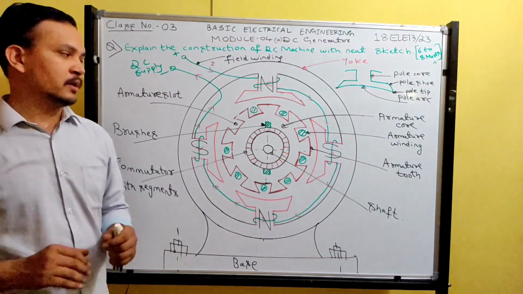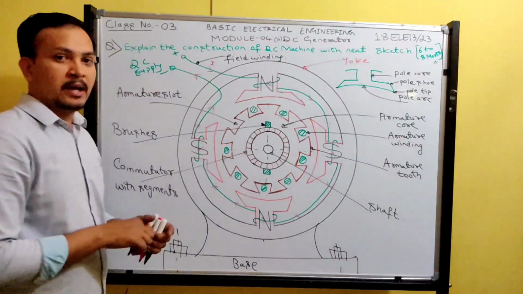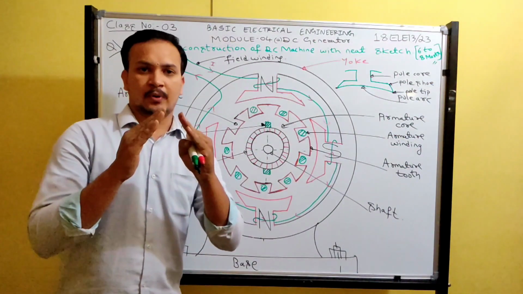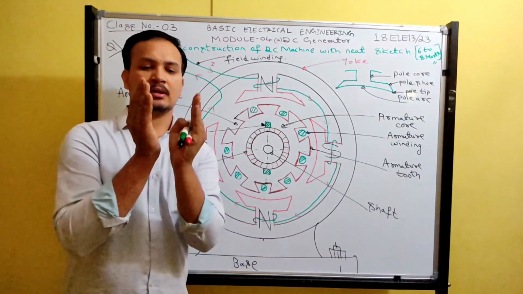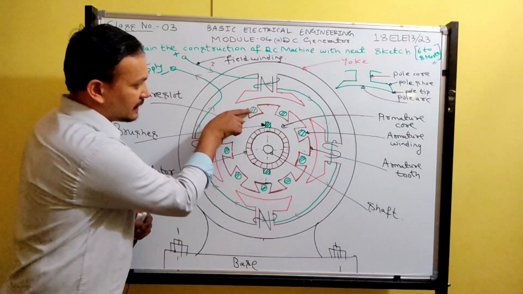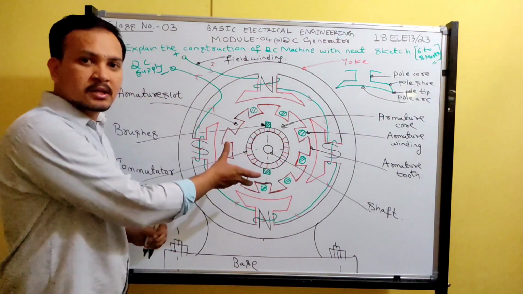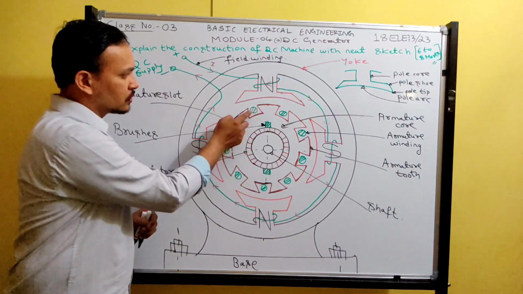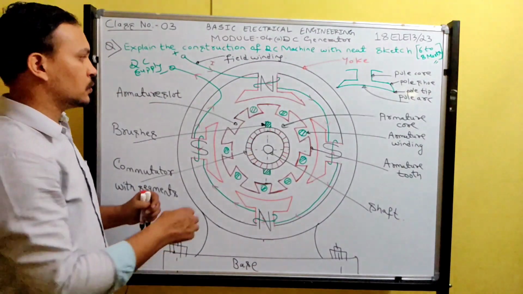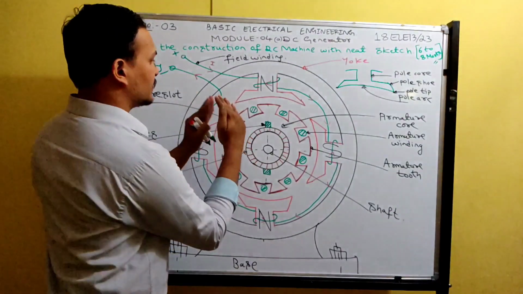So the armature slot will receive the armature windings, or we can house the conductors inside the slot. Generally the armature slots are made wedge shaped, like this. If I place the conductor here in a wedge shaped slot, when the armature is running, the conductor should not come away from it. So for that purpose, the slot is wedge shaped.